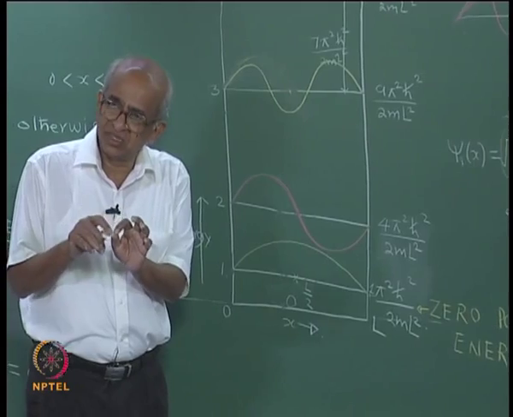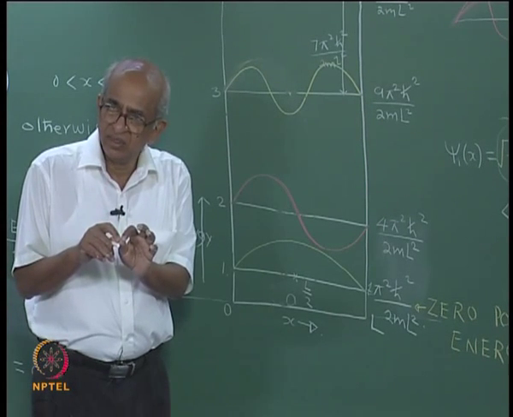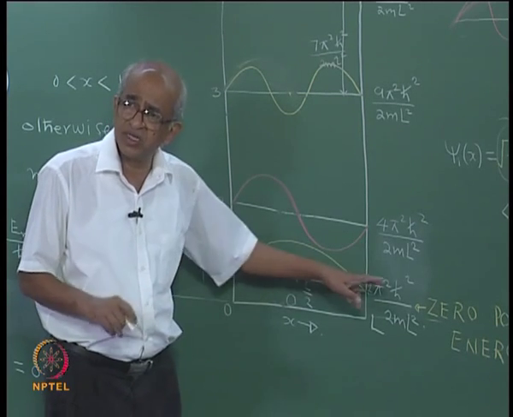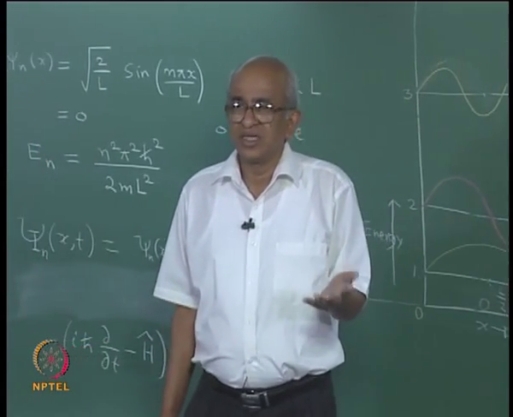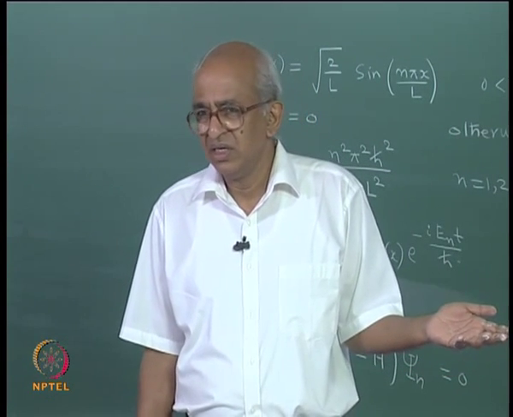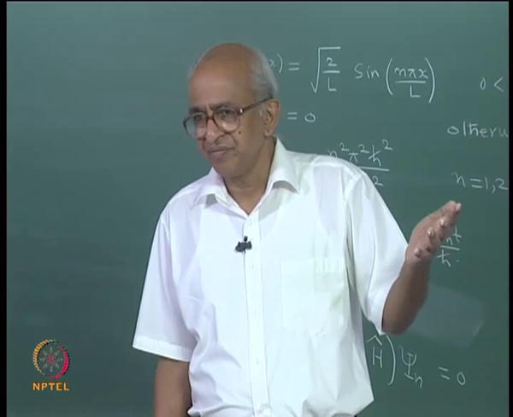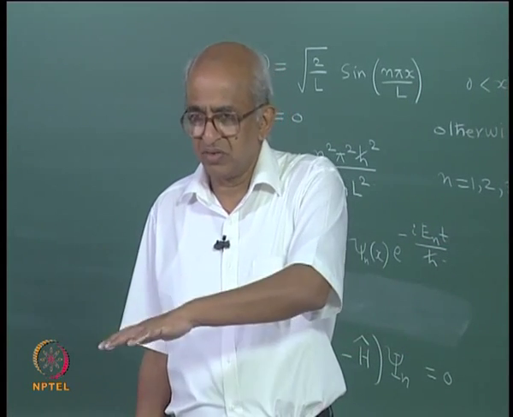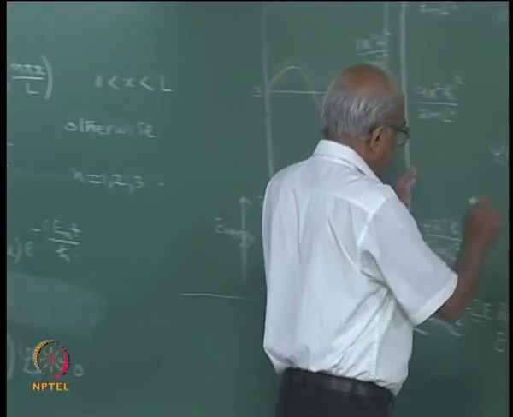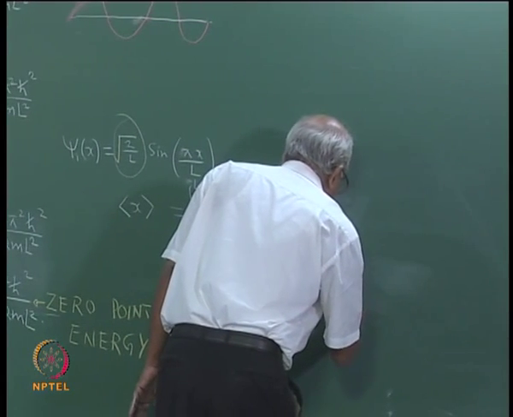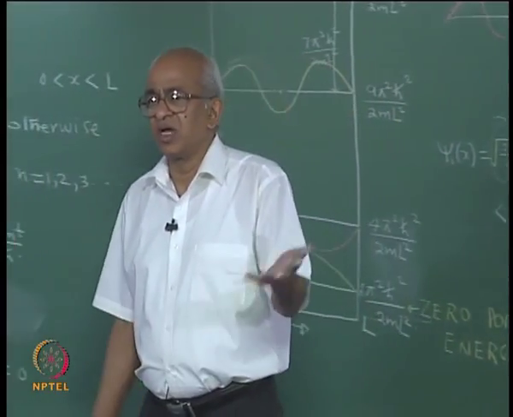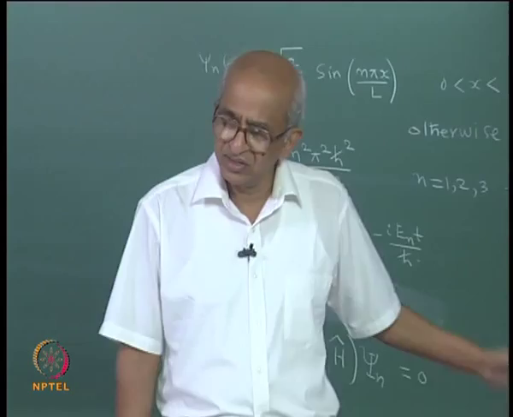This means that when I make a measurement, the particle may be found to the left of this point or to the right of the point with equal chance, and therefore, what would you expect the average to be? Obviously, the average has to be equal to L by 2, because the particle may be to the left or to the right with equal likelihood. So even without doing this calculation, I can make the prediction that it has to be equal to L by 2.